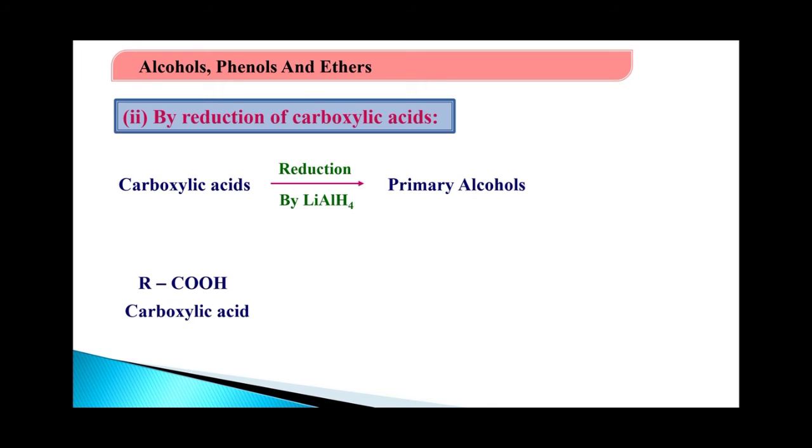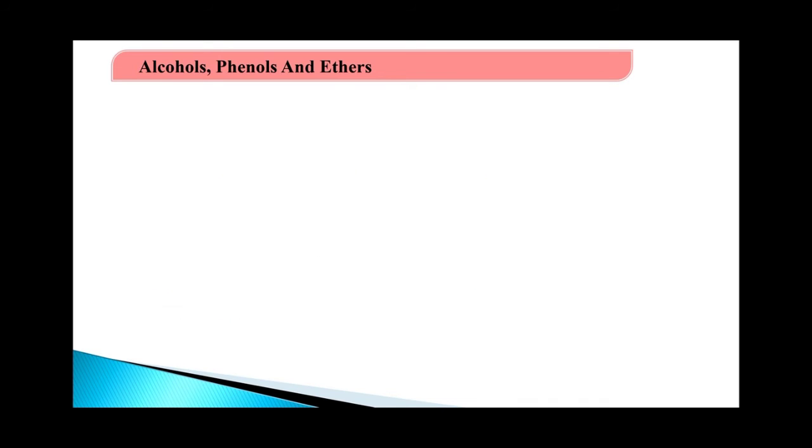So carboxylic acid, for example RCOOH, on reduction with lithium aluminum hydride in presence of water gives rise to RCH2OH, which is a primary alcohol. Out of all this, the commercial method is catalytic hydrogenation.